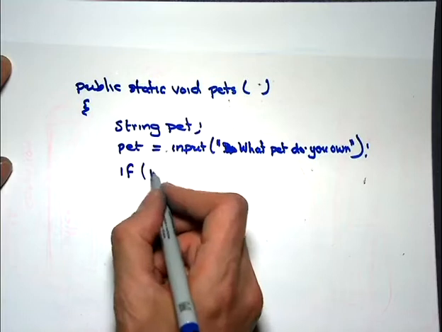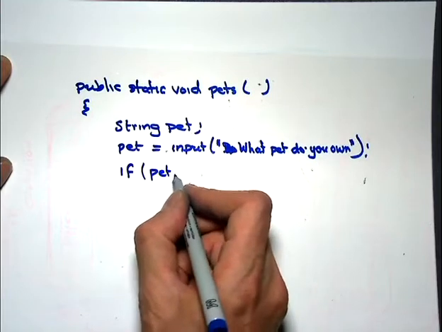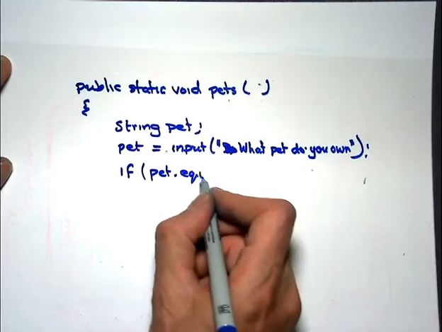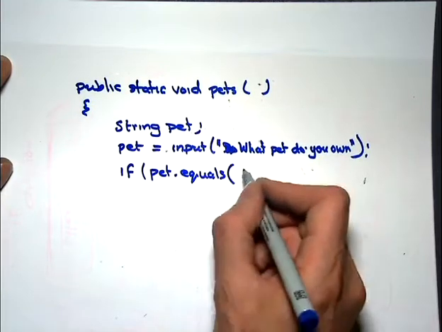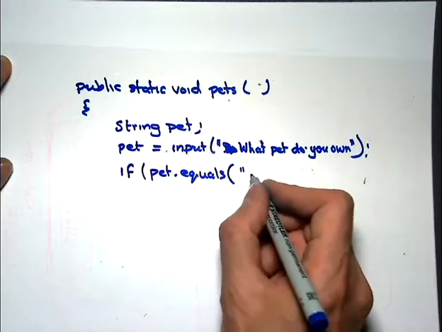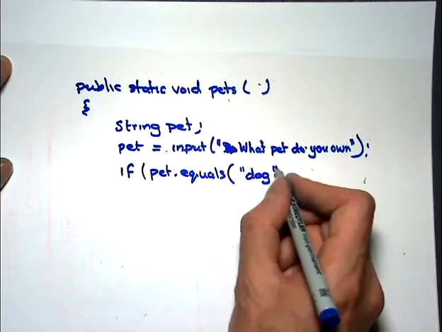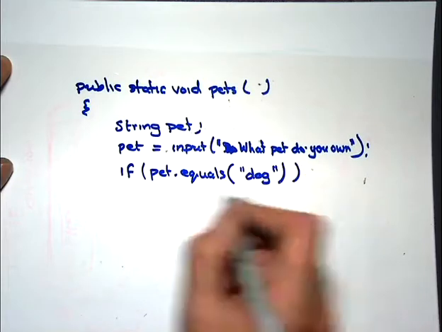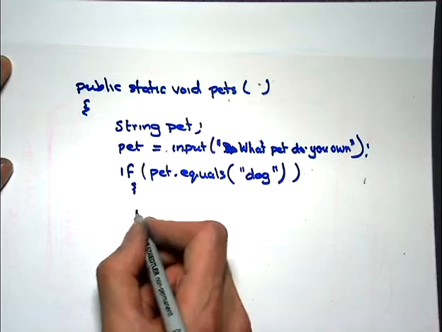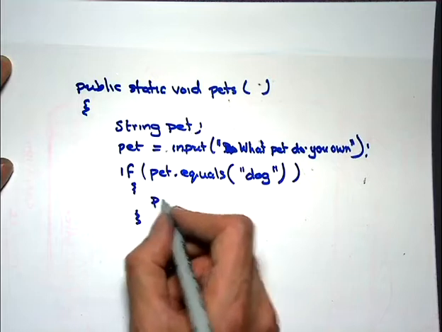So the answer is in pet, so if pet dot equals dog, then I'm going to print one thing.